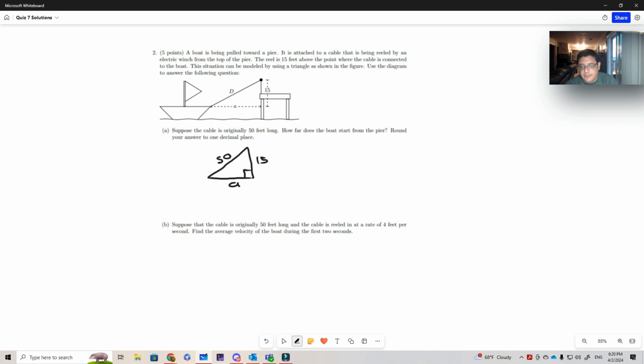By using the Pythagorean formula, 50 squared is equal to 15 squared plus A squared. And so from that we can calculate the original distance that the boat was from the pier.